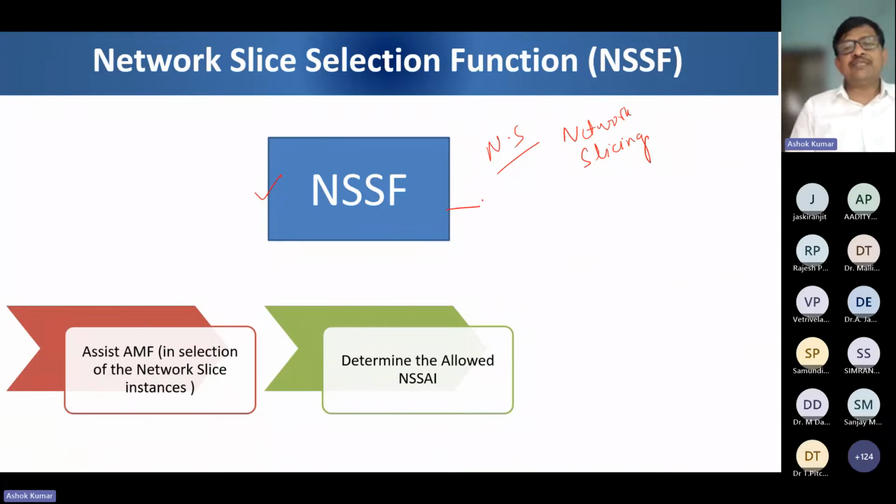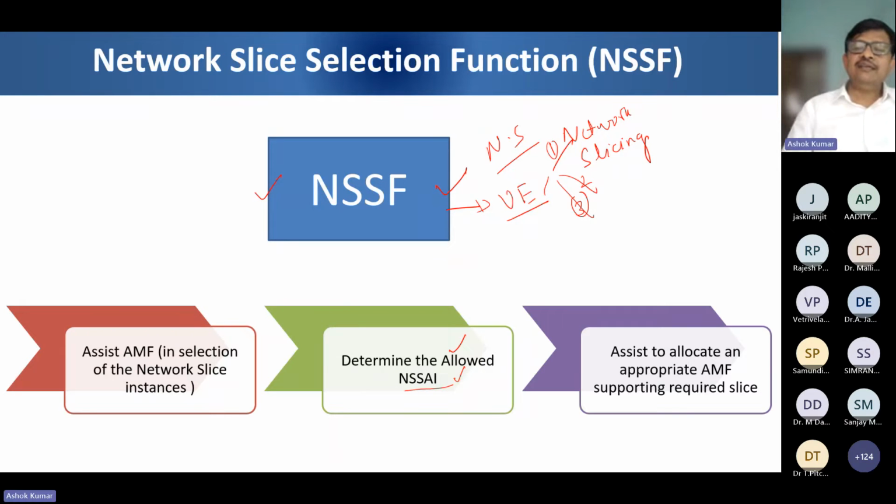And it also has information on whether a particular UE is allowed on a particular slice or not. There can be multiple slices. A UE may only be allowed in slice 1, may not be in 2 or 3. So this information is also there with NSSF. So it determines which slice is allowed. Here we call it NSSAI, Network Slice Selection Assistance Information. That is nothing but which slice is allowed to a particular UE.